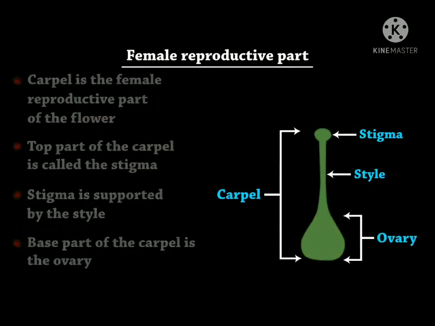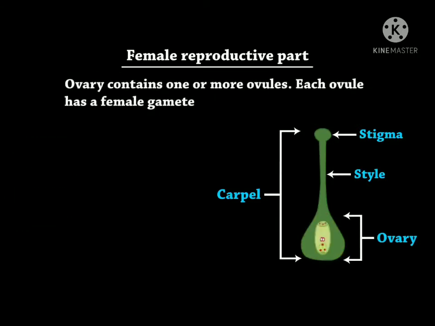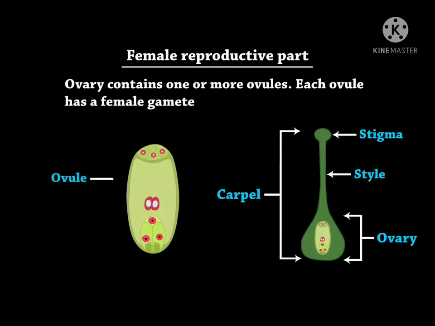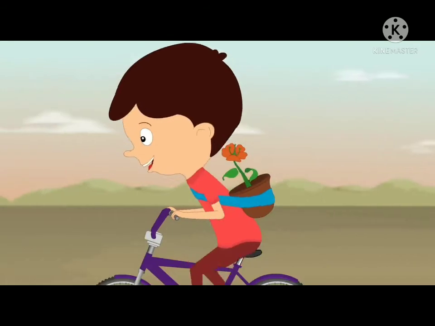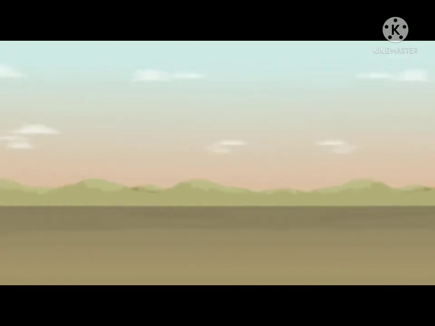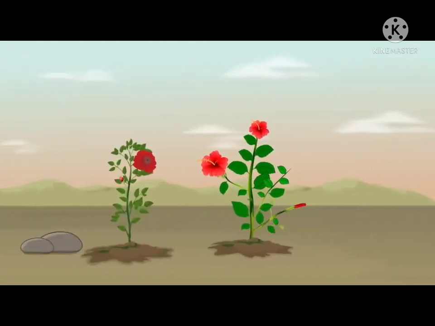It is the lowermost part of the female reproductive part. In the ovary, one or more ovules can be present, and each ovule has a female gamete. This diagram shows the ovule or the egg present on the lower part, which is the female gamete. So this is the flower that represents the reproductive parts of the plant.